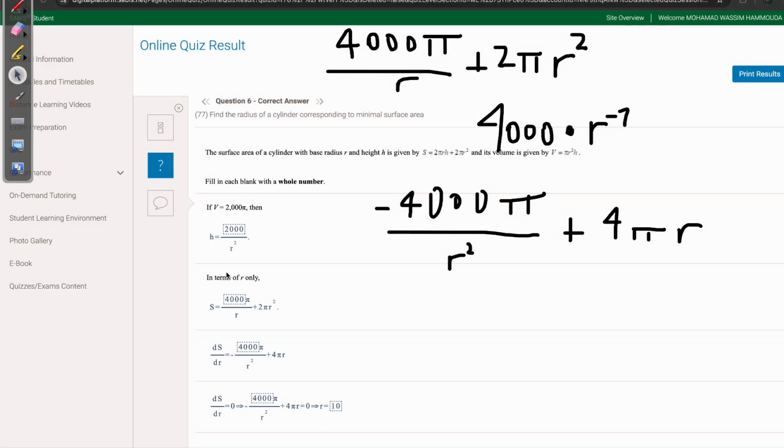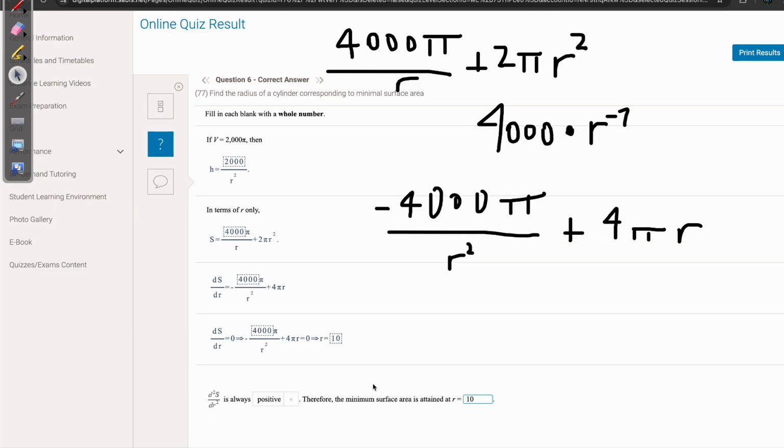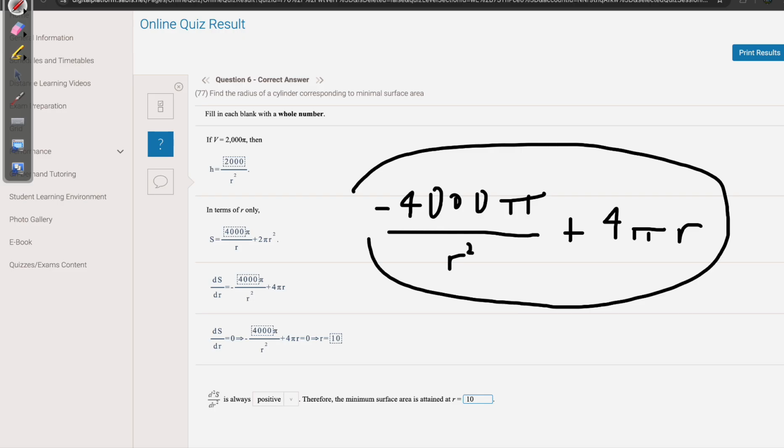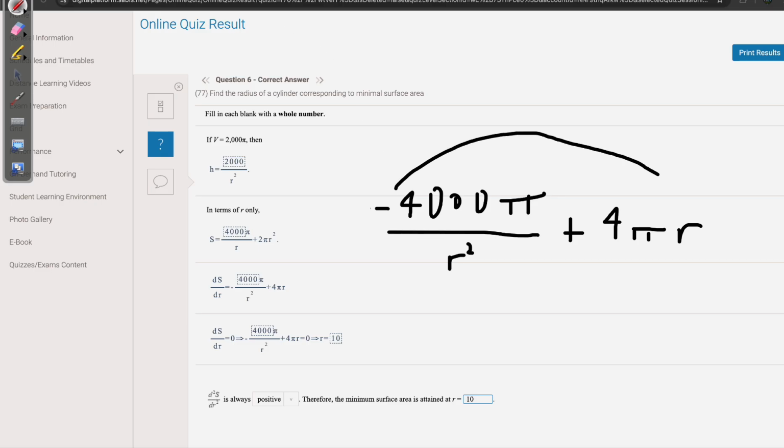Now let's scroll down and do part D. When ds by dr equals 0, so that means this equal to 0, r should be equal to, okay. So what we're gonna do now is make this whole thing that I circled now equal to 0. So we're gonna take 4000 pi r squared to the other side.